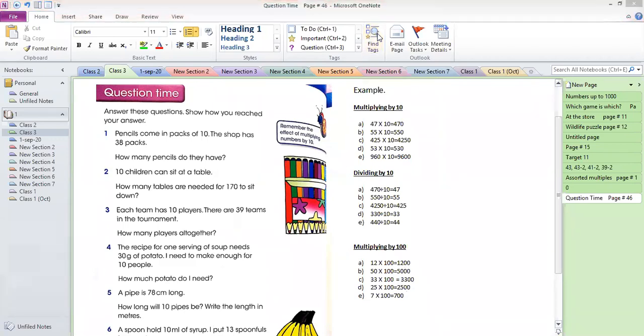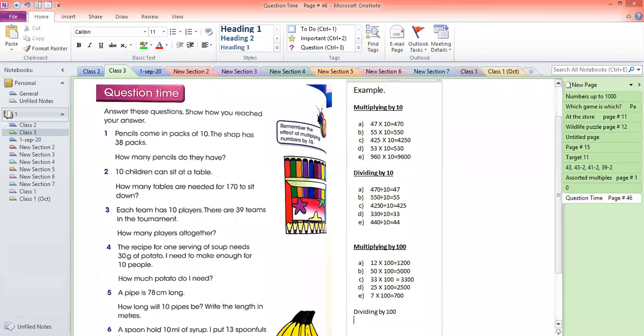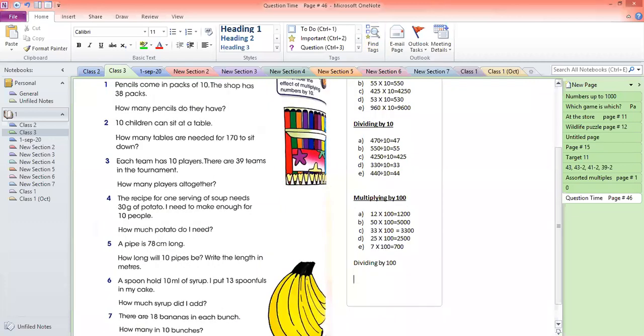Okay, now you have also learned multiplying by 10, dividing by 10, and multiplying by 100. So it will also be easy for you to divide by 100.